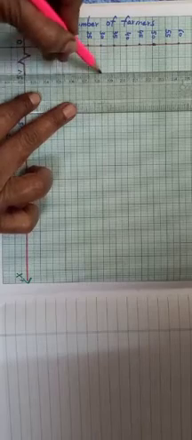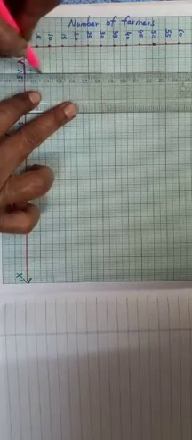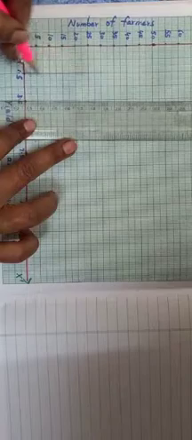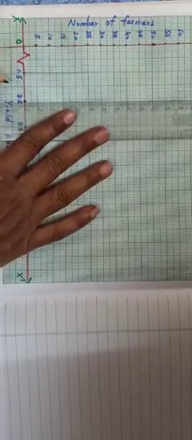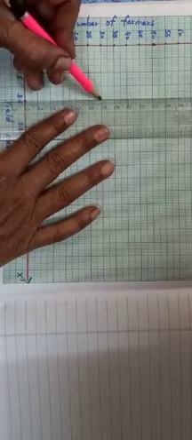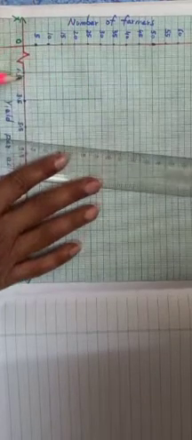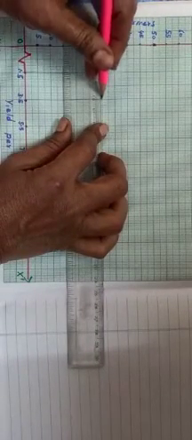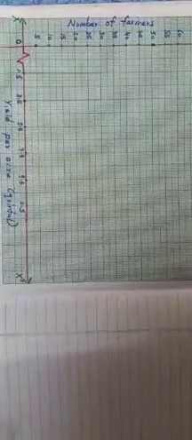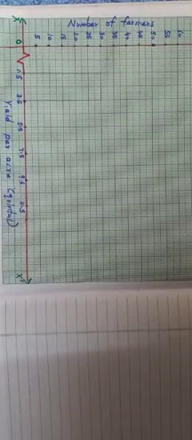Here there is 30. This is the height, proportional to the frequency, and this class is our base. So for the first class we have completed.